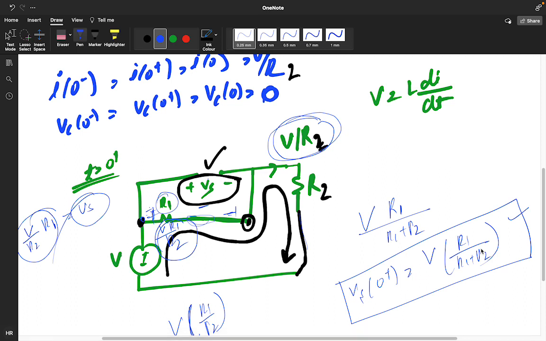Sir, next topic is control system or AC transient? See, the topic is related to transient only, and that is your under damped, over damped system. In RLC network, you have to study under damped, over damped, undamped system.